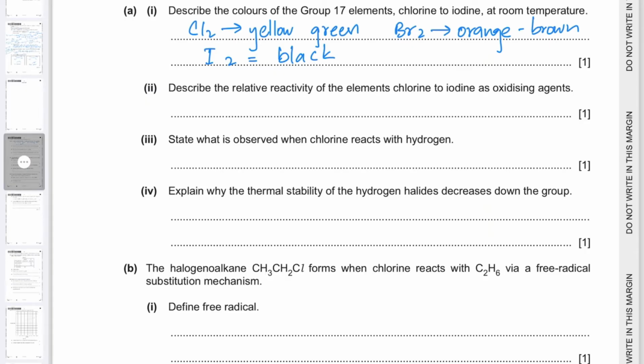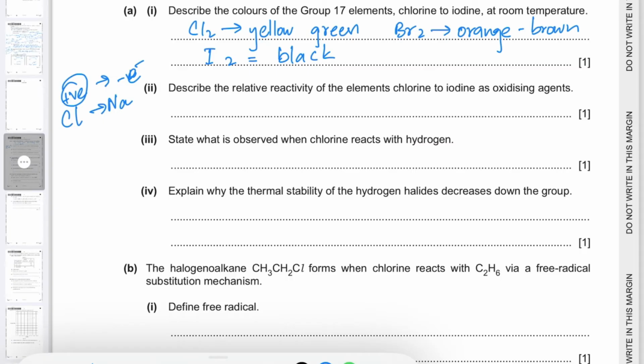So let's say when chlorine oxidizes sodium, the nucleus of chlorine, or the positive charge in chlorine, will attract the outer shell electrons of the sodium atom.